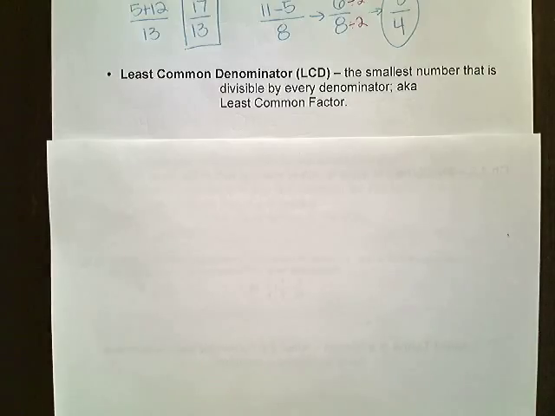The least common denominator is the smallest number that's divisible by every denominator. Or in other words, the least common multiple of the two denominator values.